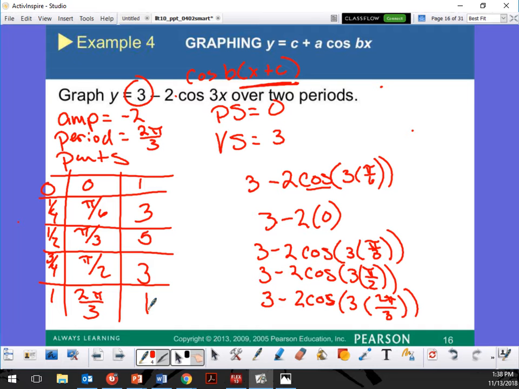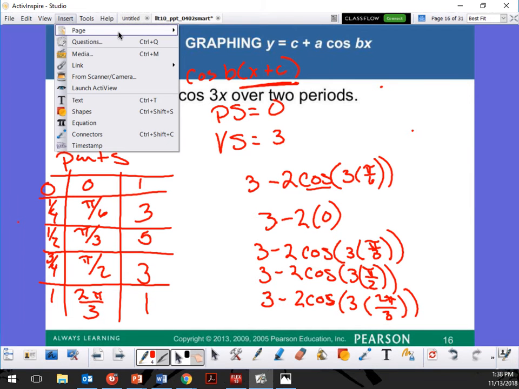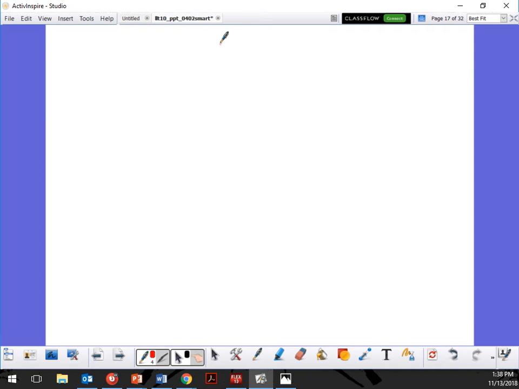Come on, let's move on. Now I have to try and graph this. It's hard to focus. We need to stop.